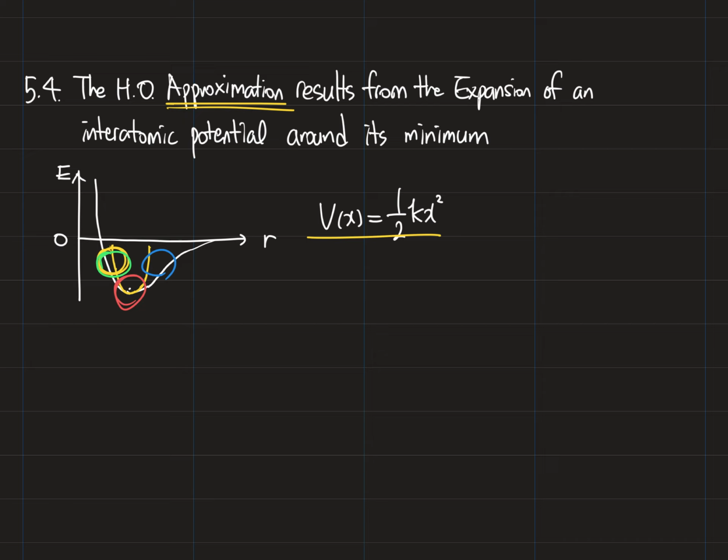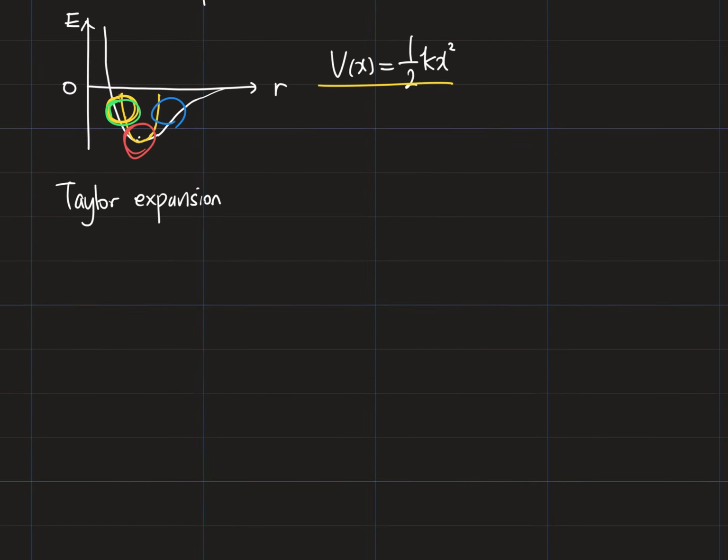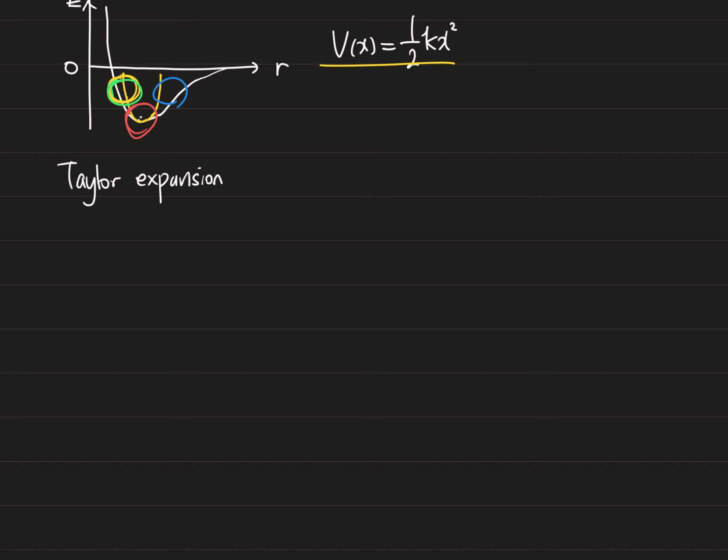So we can justify the harmonic approximation with a Taylor expansion. You already learned how to apply the Taylor expansion for an arbitrary function f. Let's say you want to expand the potential energy V around the equilibrium bond length L0. So this point should be L0.